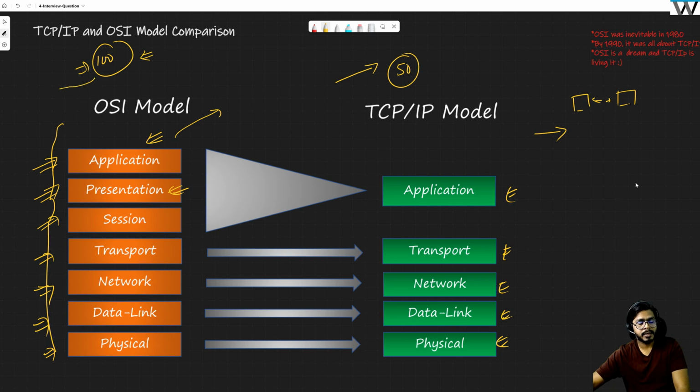Businessmen who are backing this OSI model have different interests, and the government who were backing this OSI model have different interests. So there was a lack of consensus when the OSI model was coming up. That is why the process got delayed.